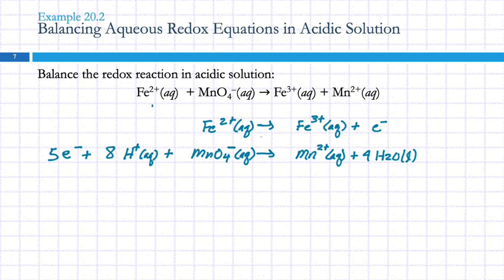So this is a least common multiple sort of thing. Here I have 5, and here I have 1. Well, this one's fairly simple. I can just multiply this top one by 5. If I have 5 of them, then I'll have 5 electrons, right? It's still balanced, because I'm doing the same thing to everything. And now we add them together.